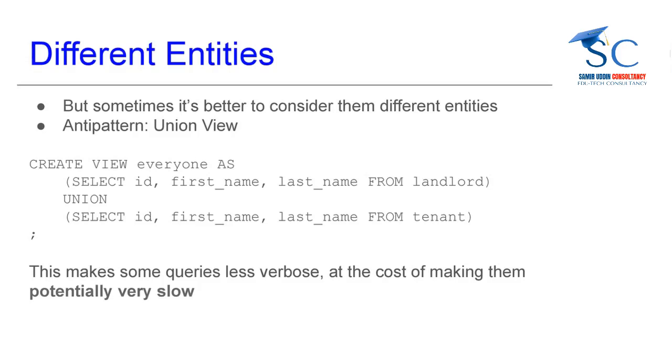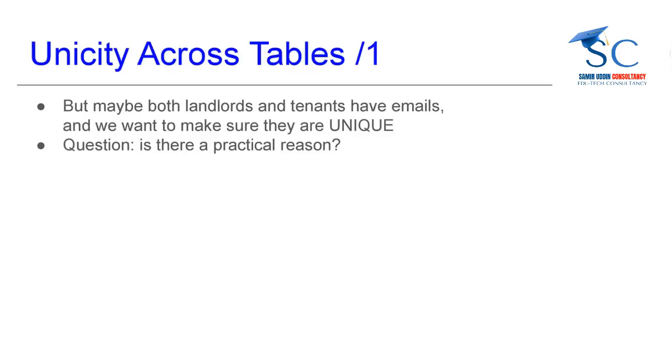You can see the syntax here. But it's potentially very slow because probably the database will have to run this query completely, materialize the results, so materialize all the content of the two tables, and then run the rest of your query on the materialized information, which is not good.